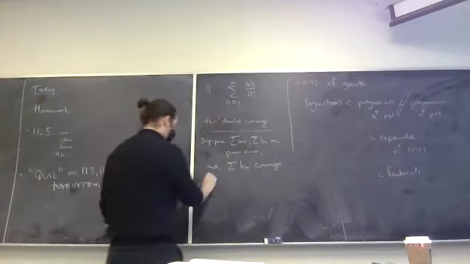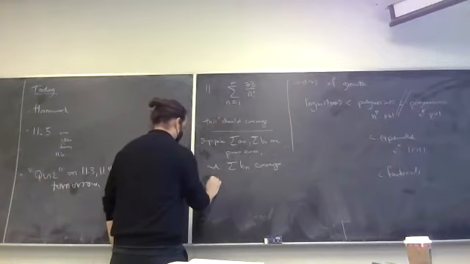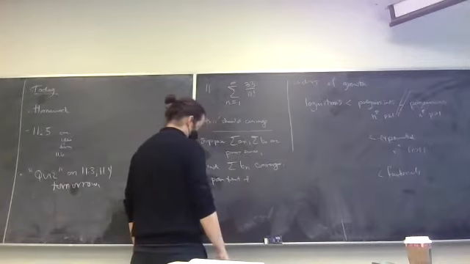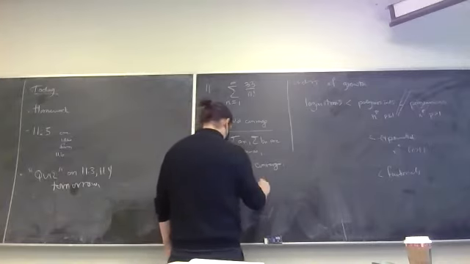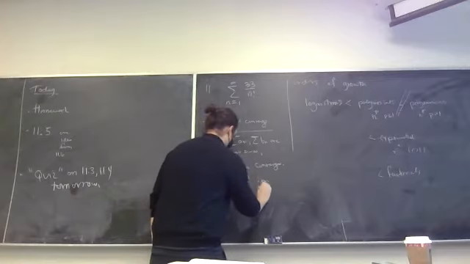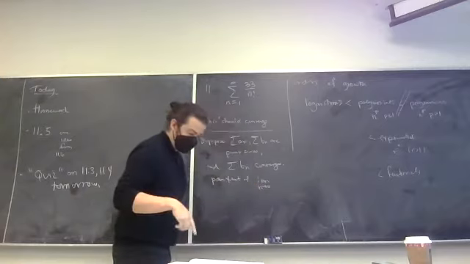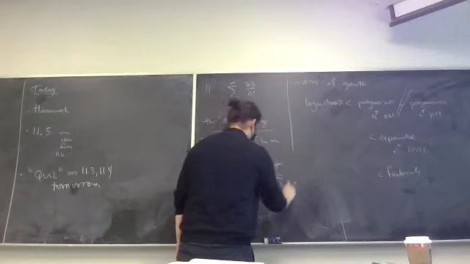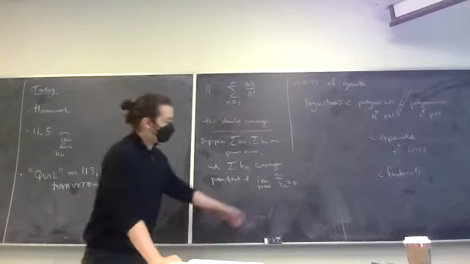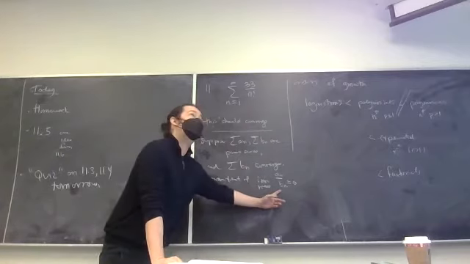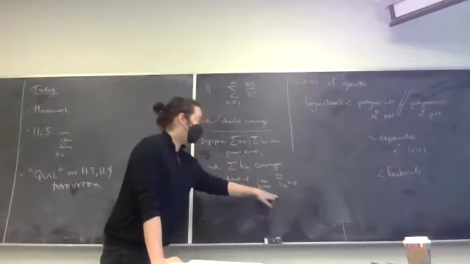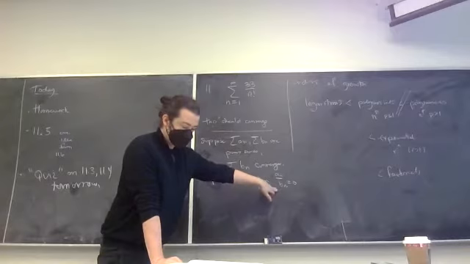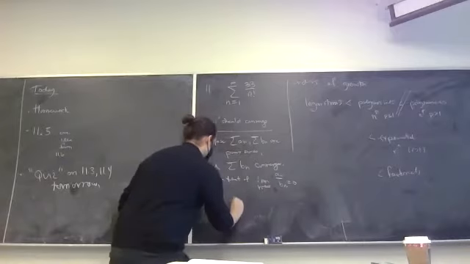If the limit as n goes to infinity of an over bn is equal to 0, so you have terms that are dominating, these are both running away to 0, but this is going to 0 faster than that's going to 0, then an is also convergent.